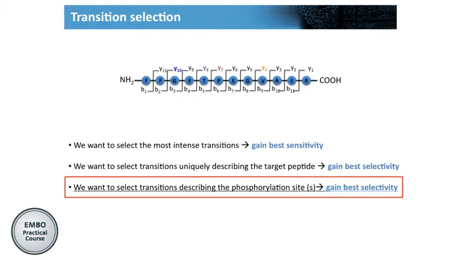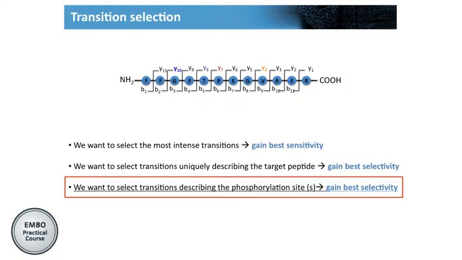And when we want to select transitions in SRM or extract transitions in SWATH, before we were looking at transitions for sensitivity and selectivity in trying to describe the target peptides of interest. Now we also would like to have selectivity for the phosphorylation site.